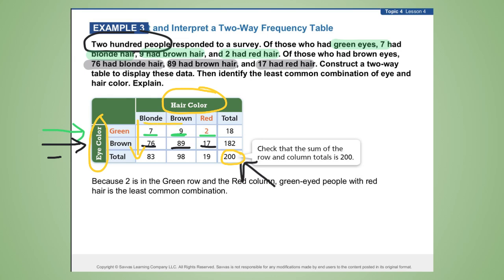And then they went this way to get their total green eyes, total brown eyes, and total complete people. All right, so we were trying to identify the least common combination of eye and hair color. So I look at all of those options and it would be green-eyed people with red hair.